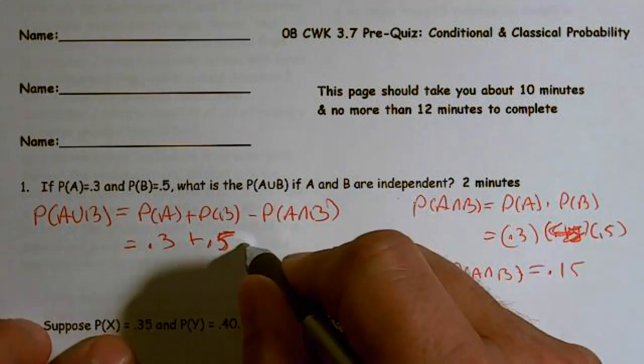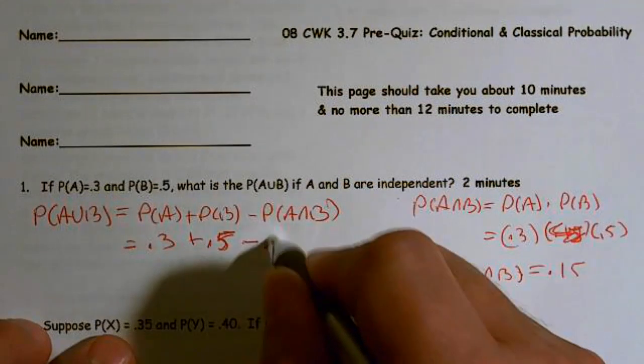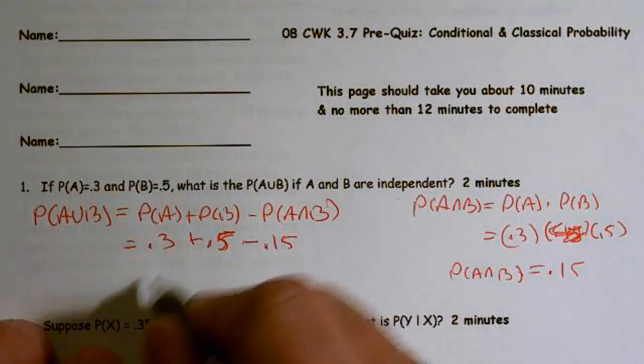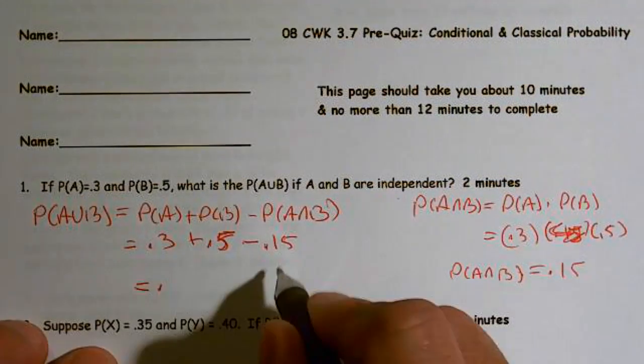So I end up with 0.3 plus 0.5 minus 0.15, and that gives me 0.8 minus 0.15, which is 0.65.